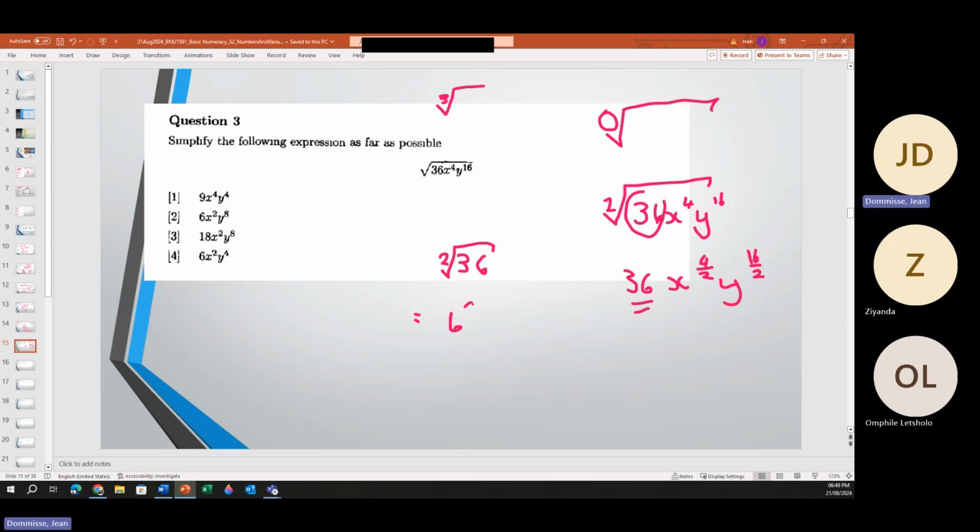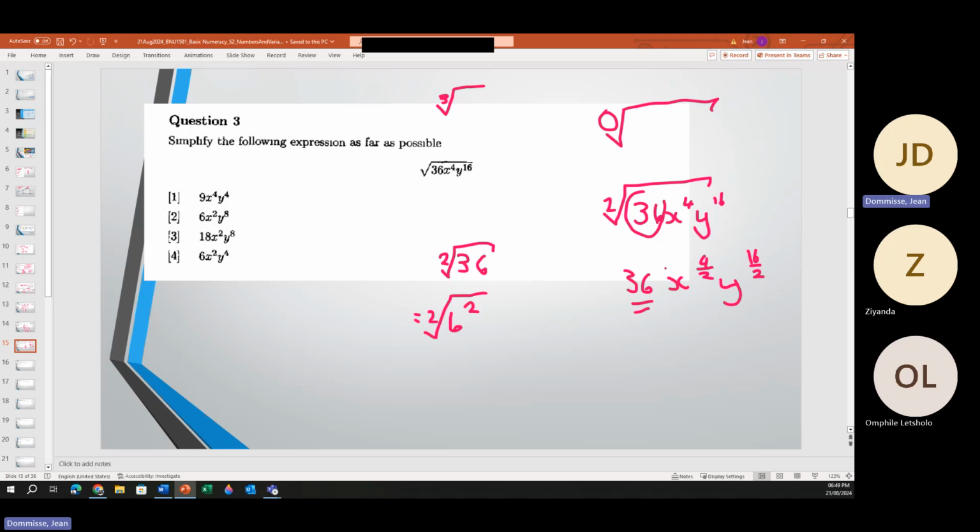So you could have rewritten that as 6 to the power of 2 is 36. So square root of 36 can be written as 6 to the power of 2, and then the hidden 2.